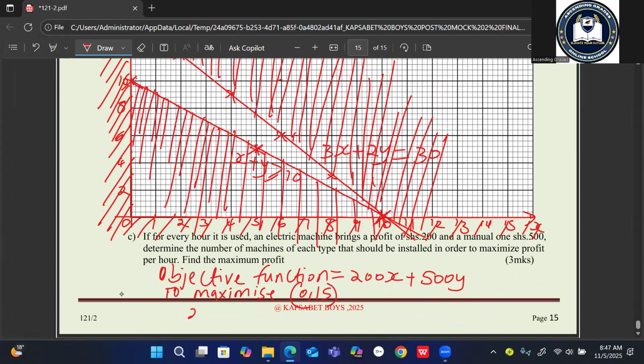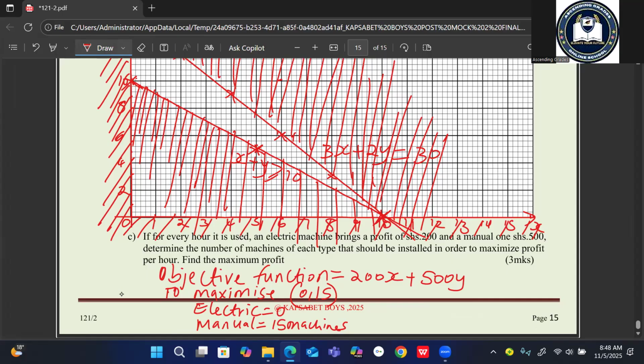So it means that the electric ones, in order to maximize the profit, has to be 0, and the manual one has to be 15 machines.